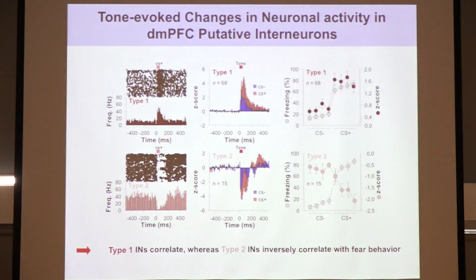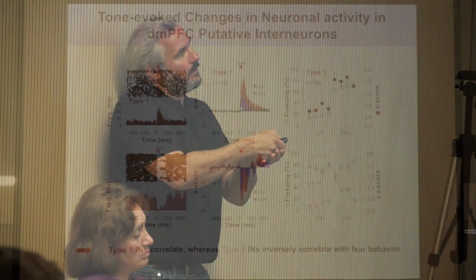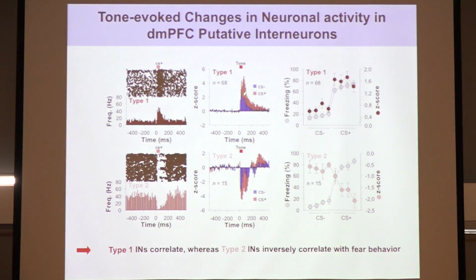So some animals may display higher freezing responses to the CS minus, which is why you see this response to the CS minus in this example here. I'm not saying that the animals do not freeze at all during CS minus. They could freeze a bit, right? So that's why you get this slight increase. But the point is that we have a significant difference in freezing behavior between CS minus and CS plus, and this is evident also in terms of neuronal activity.